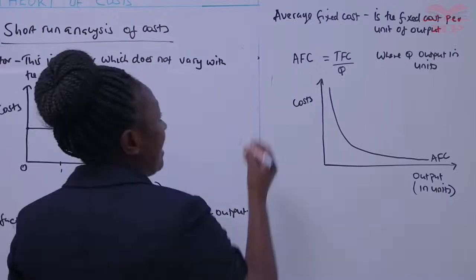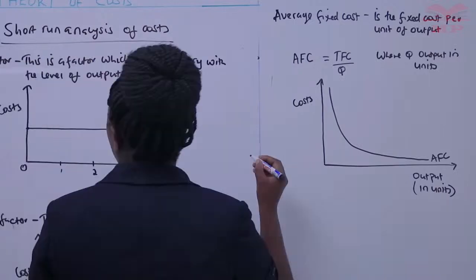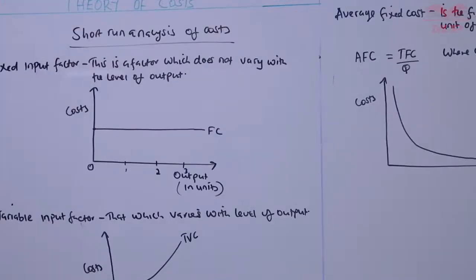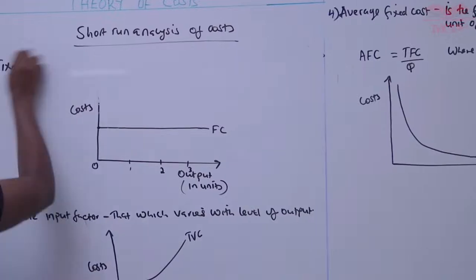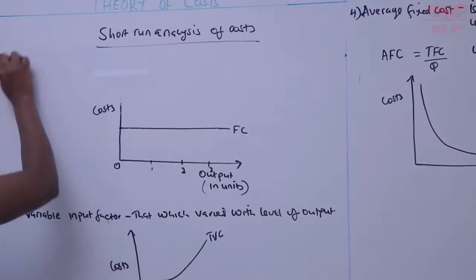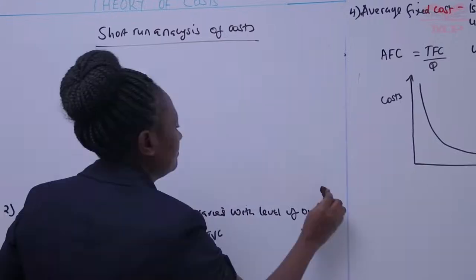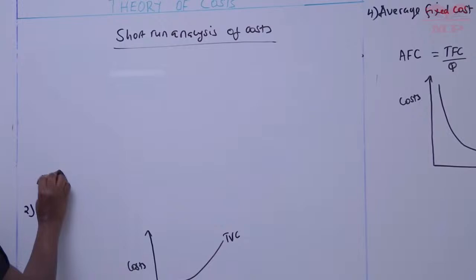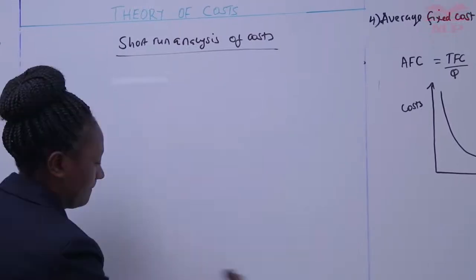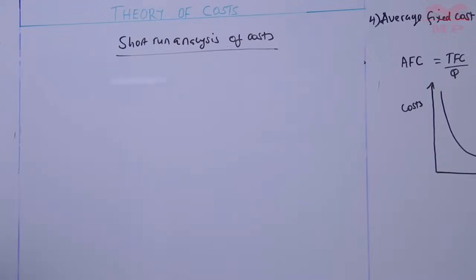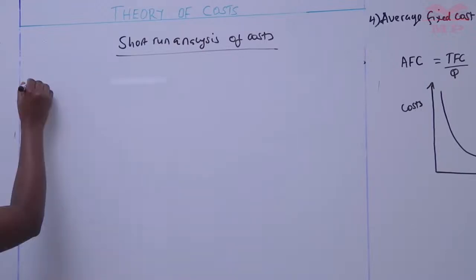We also have another one known as, this was our number 1, number 2, this is number 3, I can call this number 4. So we move on to number 5.